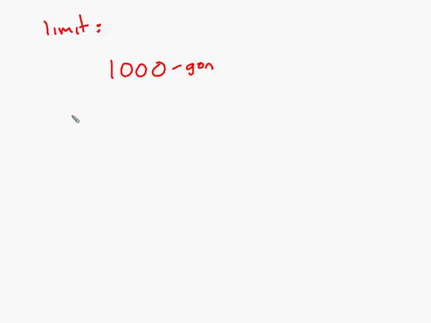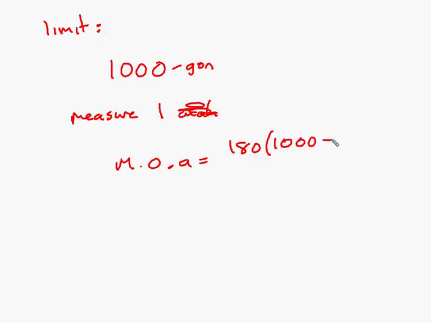All right, so let's find the measure of one angle inside 1,000 gon. So our formula, measure of one angle, is going to be 180 times 1,000 minus 2 divided by what? 1,000.